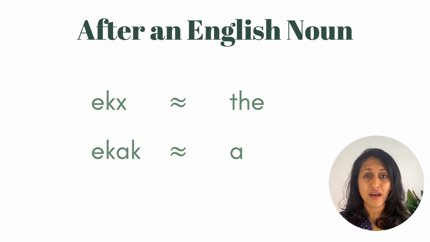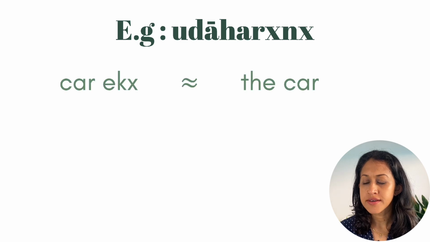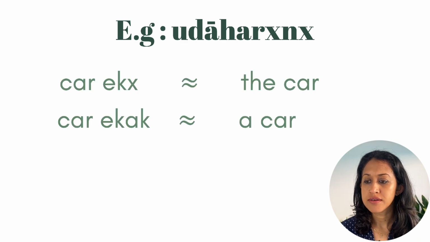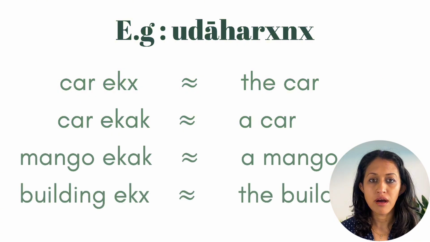So eka or ekak. Examples: car eka, the car; car ekak, a car; mango ekak, a mango; building ekak, a building.